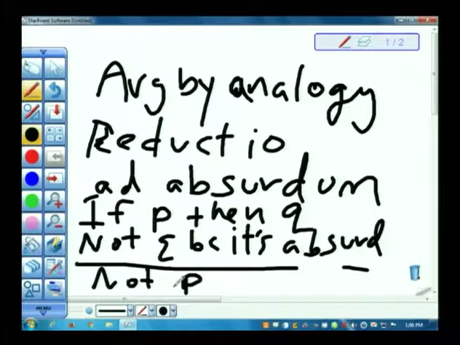Now it's also argument by analogy, because you're comparing the two cases and saying this case is analogous to that case. Or I could say, you say you should take down a statue of Robert E. Lee because he's a racist. Well, Woodrow Wilson is a racist, but would you take down a statue of him? Now, there are actually people that want to take statues of Woodrow Wilson down for precisely those reasons.